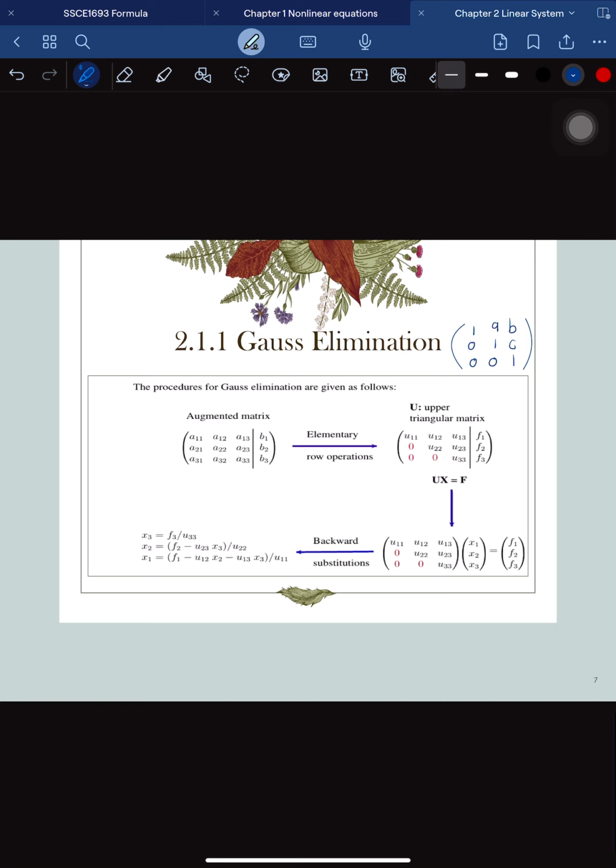The upper part is okay. After you get this form, apply back substitution to get the answer.